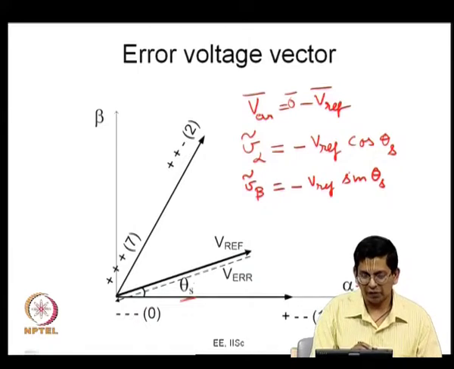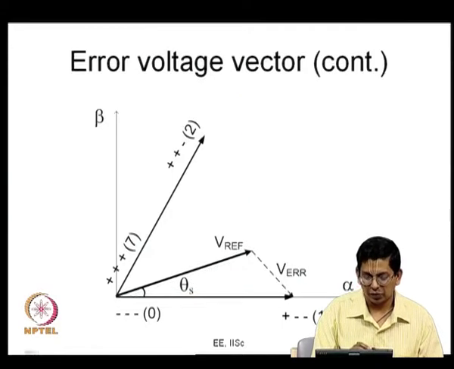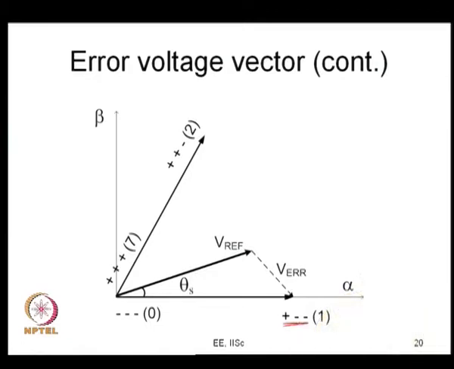Now let us look at the other error voltage vector when active vector 1 is applied. The V error vector is V1 vector minus V reference vector, and that is what is given as this V error vector here.